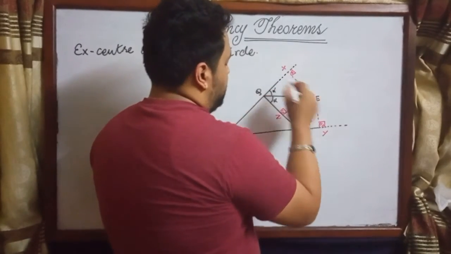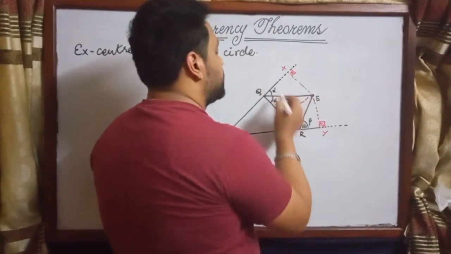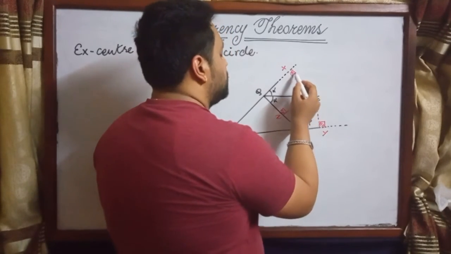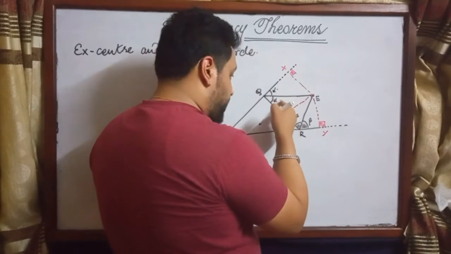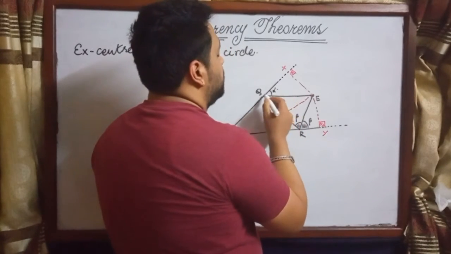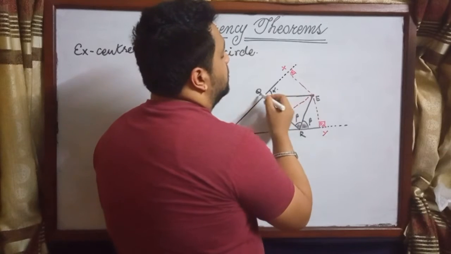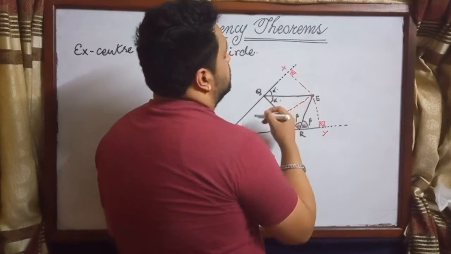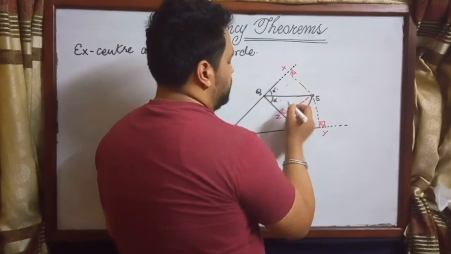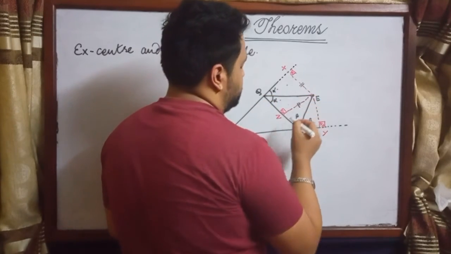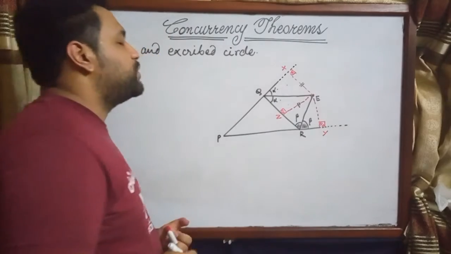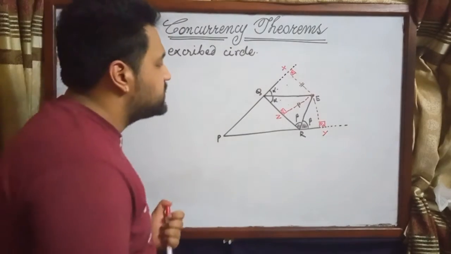In triangles QXE and QZE, two pairs of angles are equal, and a pair of sides is equal. So this triangle is congruent to this triangle, as a result of which this is equal to this, corresponding sides of congruent triangles.